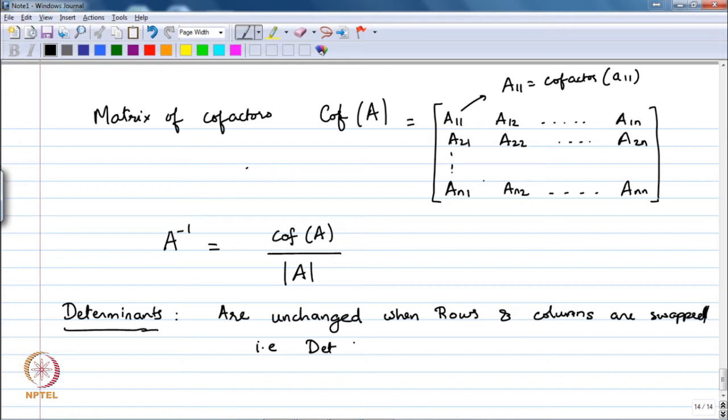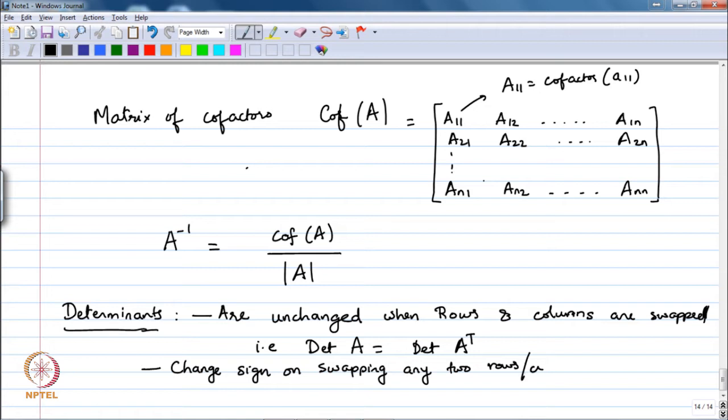In other words, determinant of A equals determinant of A transpose. They change sign on swapping any two rows or columns.